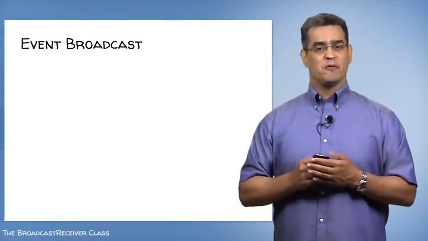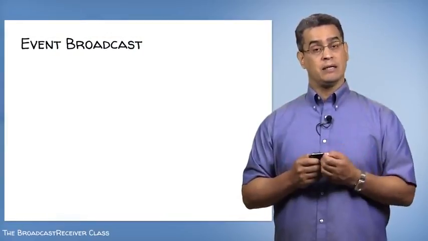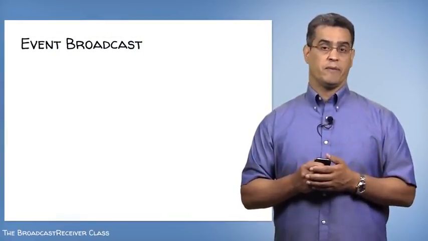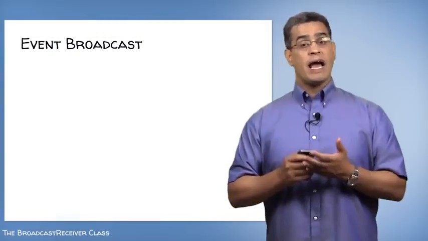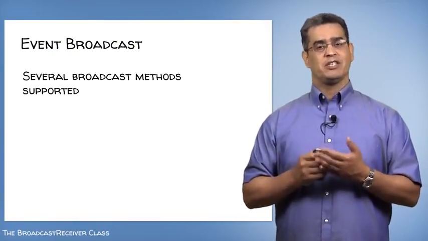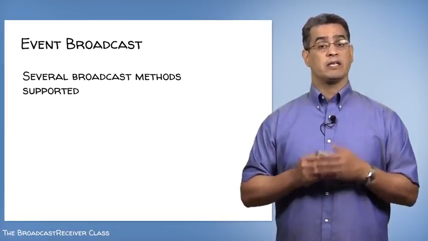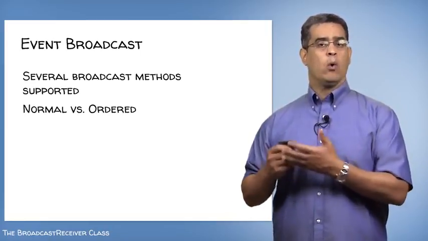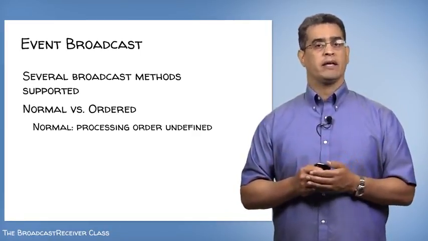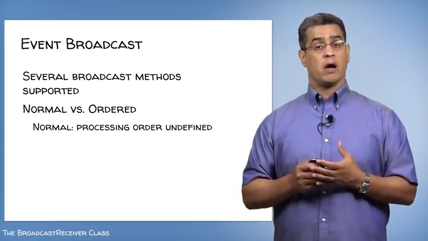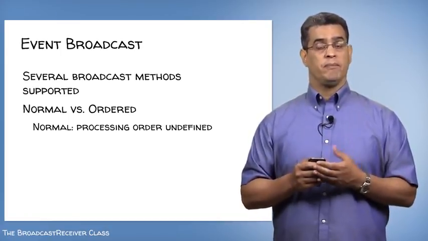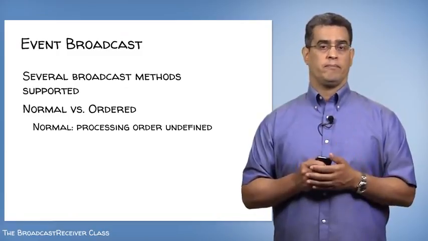Now, my examples so far simply broadcast a single intent to a single receiver, but Android supports a variety of different ways in which intents can be broadcast. For example, intents can be broadcast normally or in order. Normal broadcasts are delivered to subscribed broadcast receivers in an undefined order.